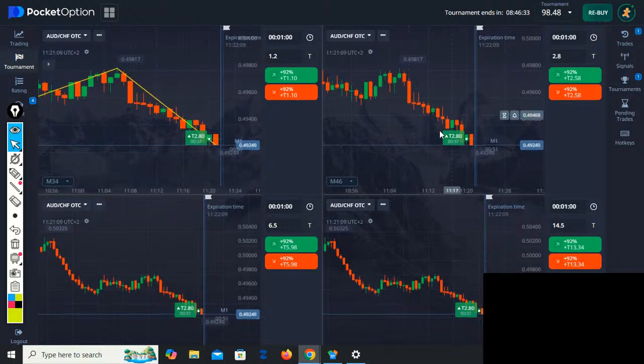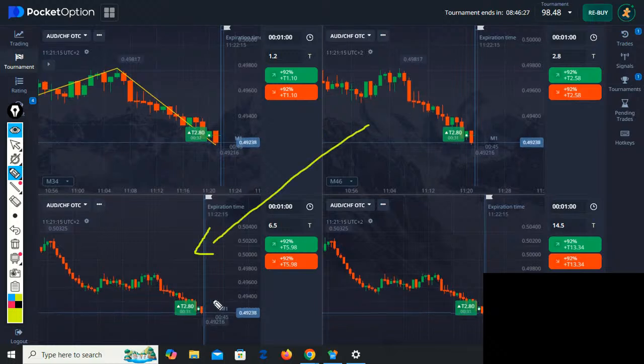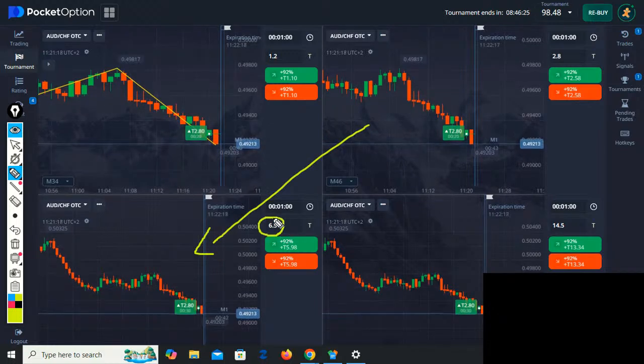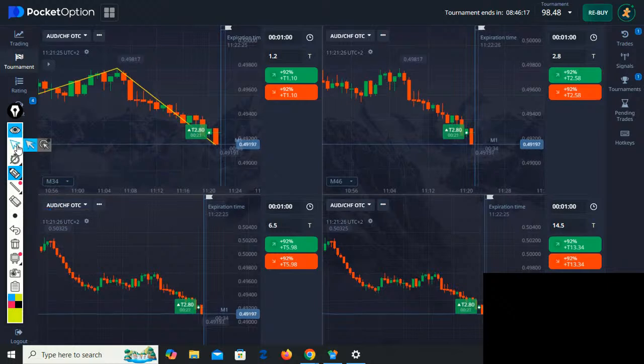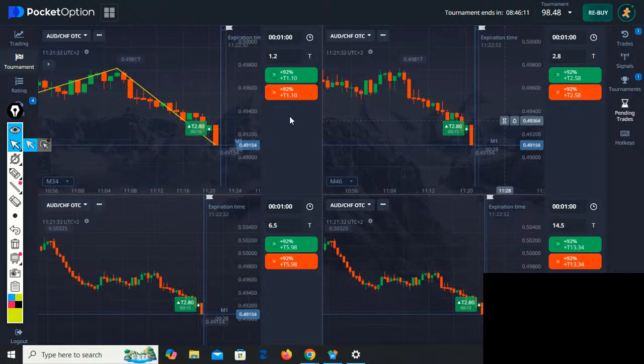Now, if this loses, we'll go to the third stage of the martingale, the higher amount for us to recover those two losses and make some profit. But in this case, we'll go for a sell. Third and fourth, you go for a sell. You start with two buys and then you go for sells over here.